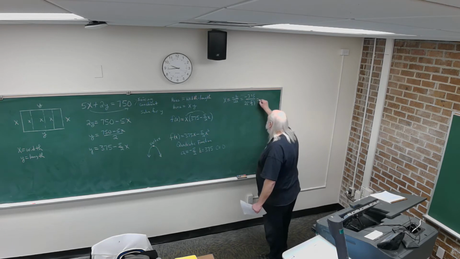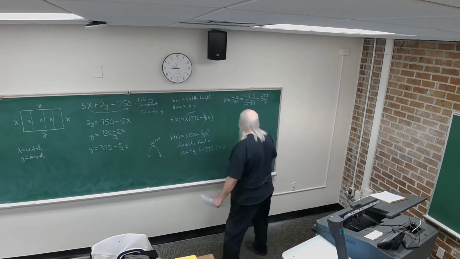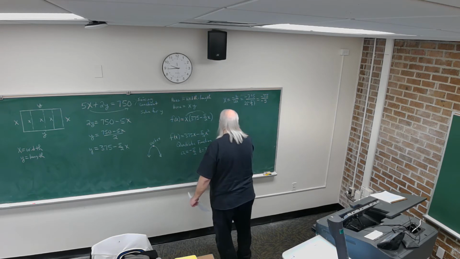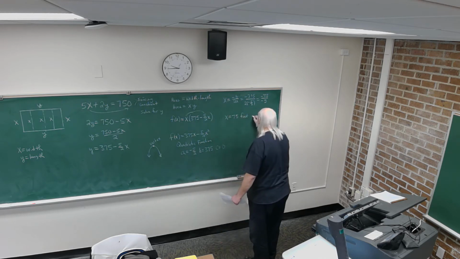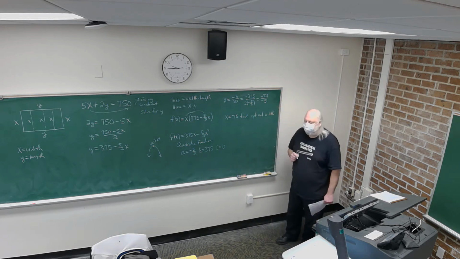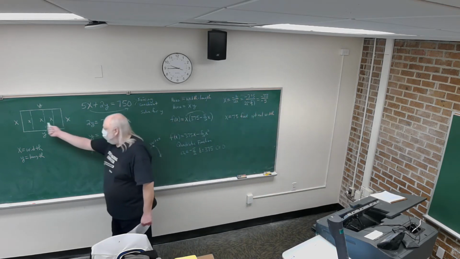So this is equal to minus 375 over negative 5, which is equal to 75. So x equals 75 feet is the optimal width of the rectangular piece of land. Okay. So each of these 5 sections of fencing are 75 feet long.